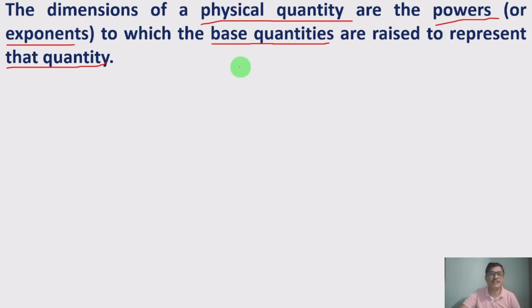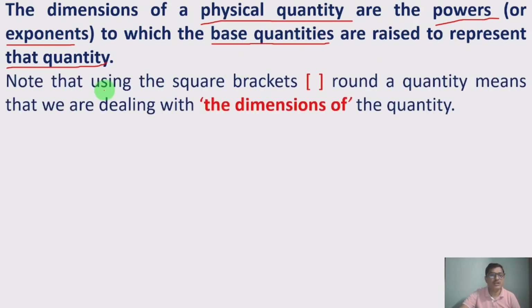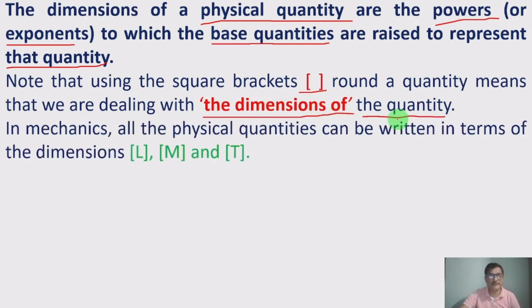Note that using square brackets around a quantity means that we are dealing with the dimensions of the quantity. If you use any symbol within the square bracket of the physical quantity, then we are dealing with the dimensions of that quantity.